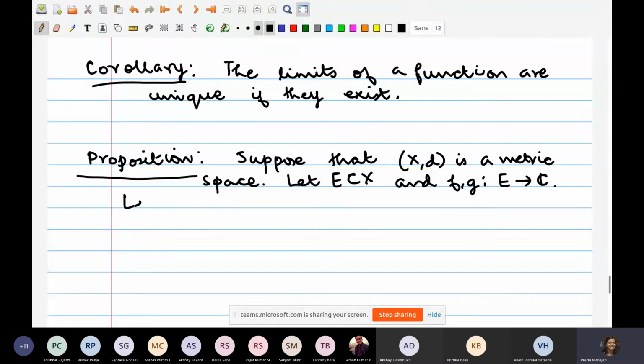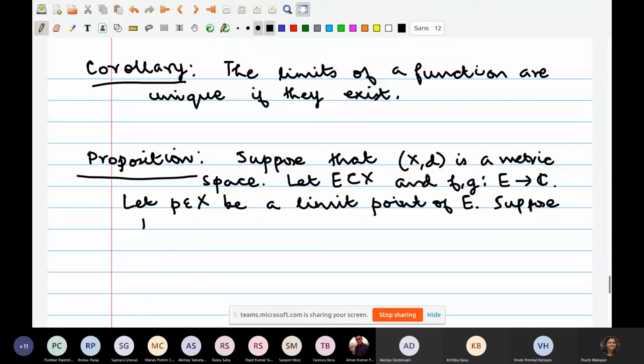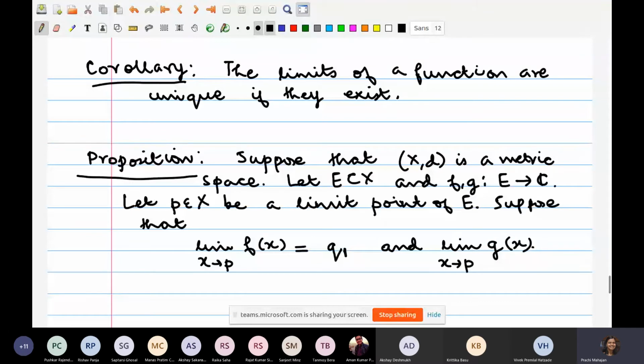And let's consider a limit point of the set E. So P be a limit point of the set E, and suppose that limit of the function f at the point P exists and equals Q1, and the limit of the function g at the point P exists and equals Q2.